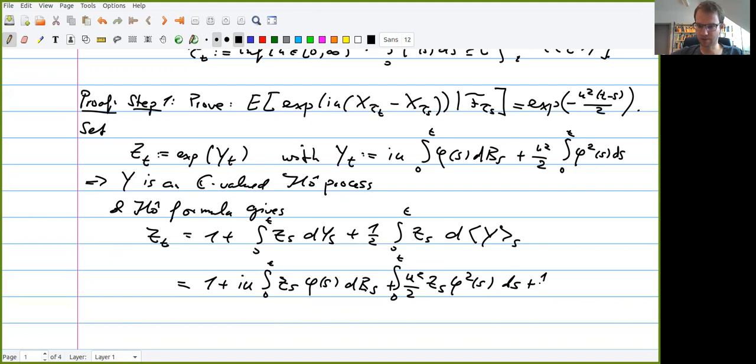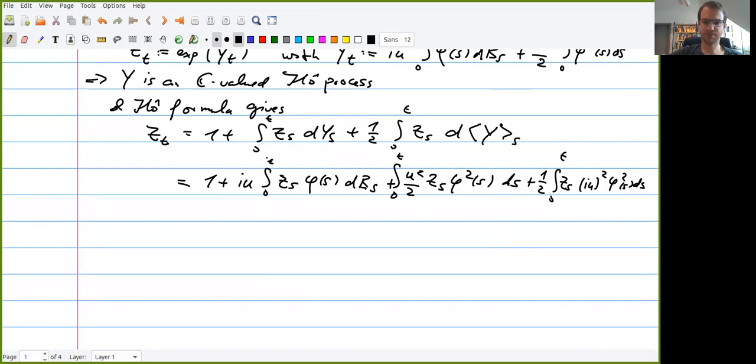And now we need to calculate the quadratic variation as well. So what we get is 1/2, right? This is here, integral from 0 to t of Z. And then what's the quadratic variation? Okay, the bounded variation term disappears. So we have here i u squared, and then we have φ squared ds, because the quadratic variation of the Brownian motion is just s.